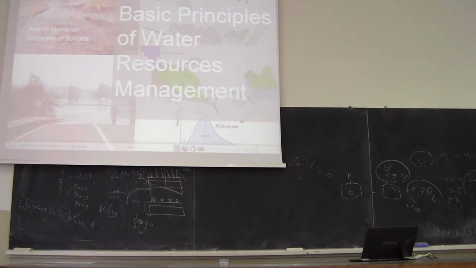So I am skipping that part, but I would like you to know that in the same way as you have stochastic processes allowing you to simulate river flows, the literature also offers stochastic processes to simulate rainfall. I'm not saying anything more now, because I want to move into water resources management.